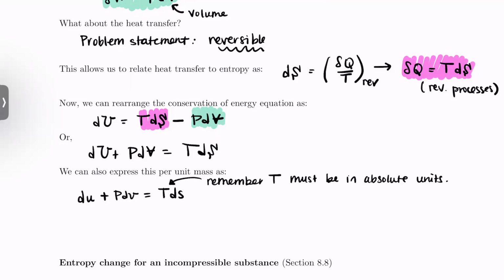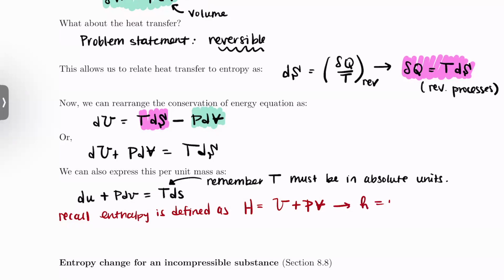One more thing that we can do to this equation is we can recall that enthalpy is defined as the following. So we have H is equal to U plus PV. Or if we divide by mass, this is lowercase h is equal to lowercase u plus P times specific volume. All right. So we have the total and the specific version of that equation here.